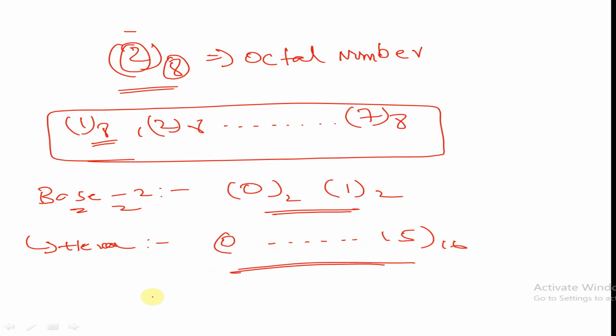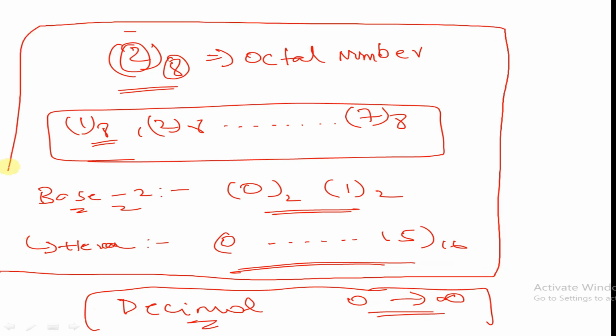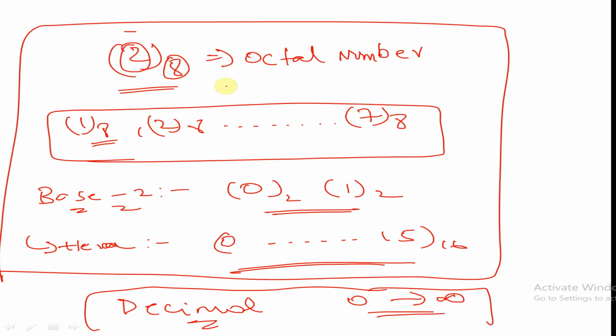In the case of decimal, it's different. Decimal number systems are the ones we use in our daily life, from 0 to infinity. These are our daily routine numbers. The other number systems follow the property that the digits should not reach their base.